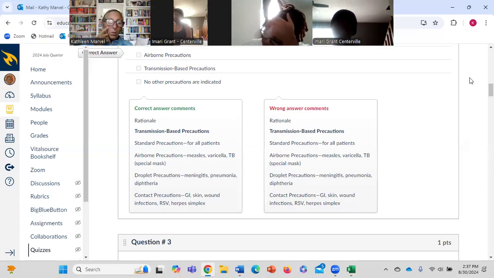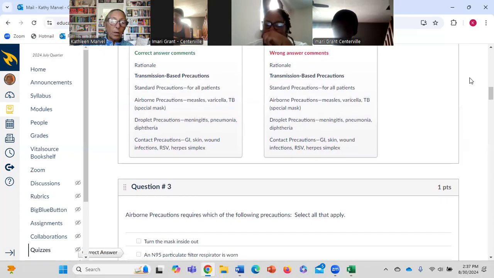Another transmission-based precaution is called droplet precautions. We use this in addition to the standard precautions, because standard is for all patients. For clients maybe that have meningitis, pneumonia, diphtheria. And then there's an additional transmission-based precaution called contact precautions. We use that for GI, skin, wound infections, RSV, herpes. Okay, so there's a good summary of all your different kinds of precautions.